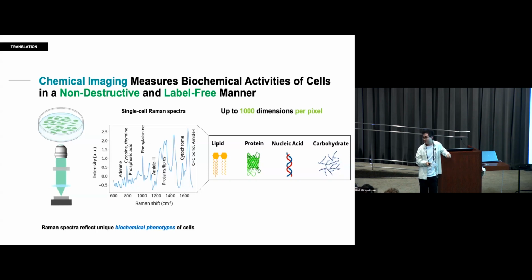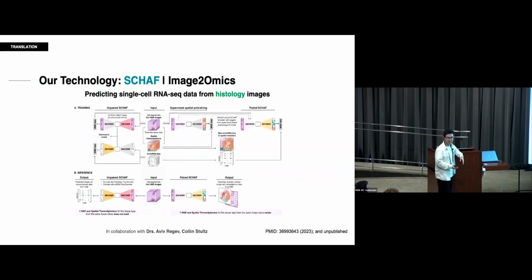But there's one caveat. Raman is one of the chemical imaging methods, but it's very, very, very slow. So if you think about the scale we're trying to do to map human physiology, it is just not feasible to map a large tissue or an organ. So we have to think about alternative strategies to make this more efficient.